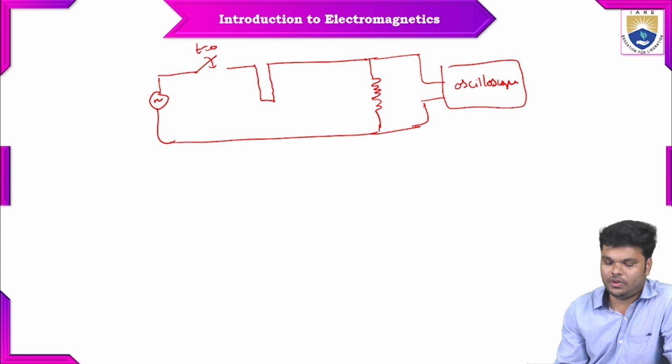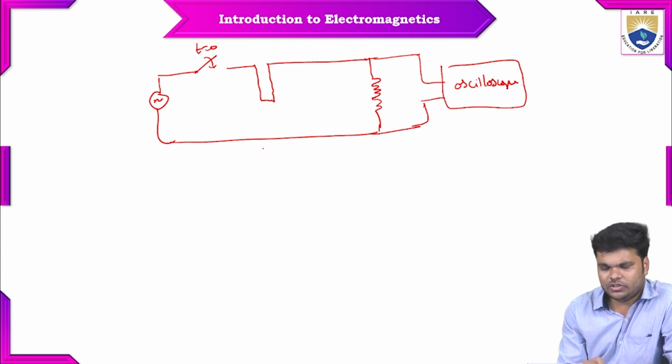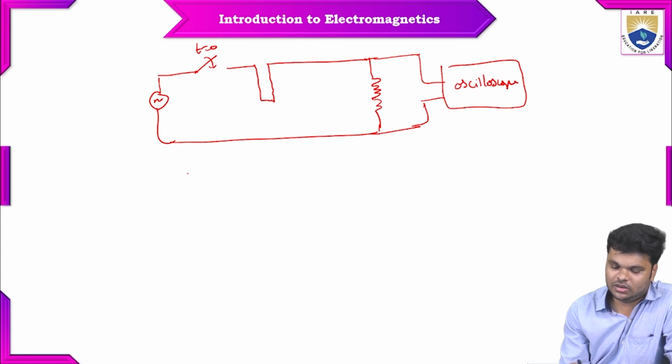If you see this properly, the circuit is open before t equal to 0. After t equal to 0, the circuit will be closed. For a person who comes from a circuit background, whatever voltage appears at this point will appear here as well, because for him the length of the wire and the shape of the wire do not really matter.